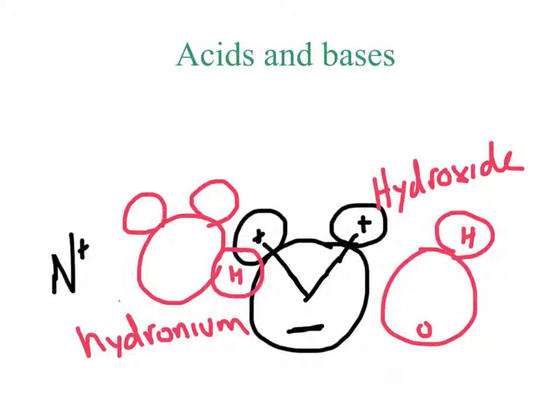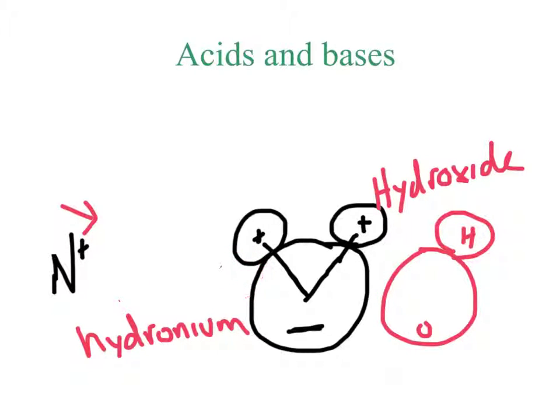But this guy isn't all that stable, so a lot of times what happens instead is that the hydrogen ion will exist all by itself as just one hydrogen ion.